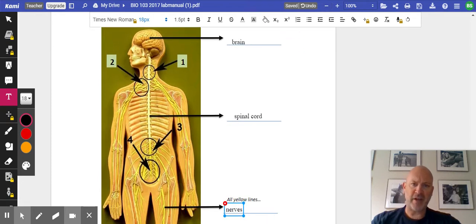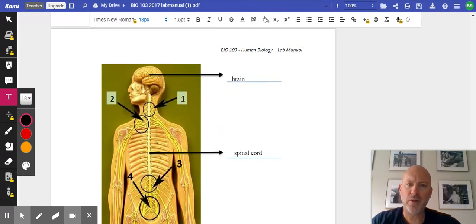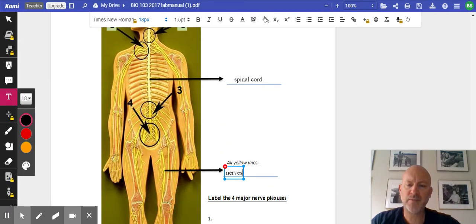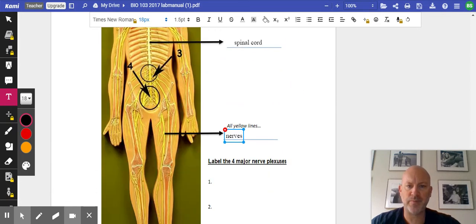Okay, in the neck, number one, that's going to be our cervical plexus. Anything that goes towards the arms, the word brachial is used a lot, so we could see this collection of nerves extending down into the arms. We're going to call that the brachial plexus. And then we have the lumbar plexus, and then the sacral plexus, right, is number four.